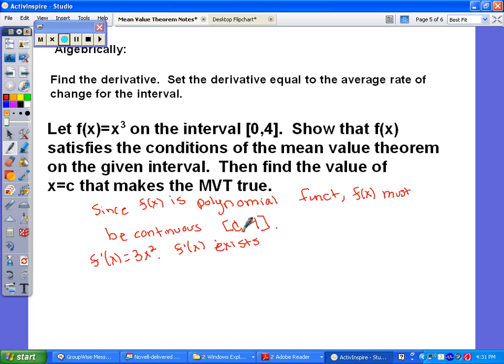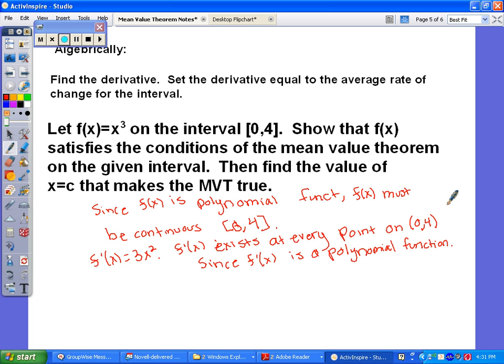Sorry, this should be 0, not 1, 4. f prime of x exists at every point on 0, 4, again because it's a polynomial function, which means there are no cusps or vertical tangents. Okay. So we showed that this function satisfies the two conditions of the mean value theorem.